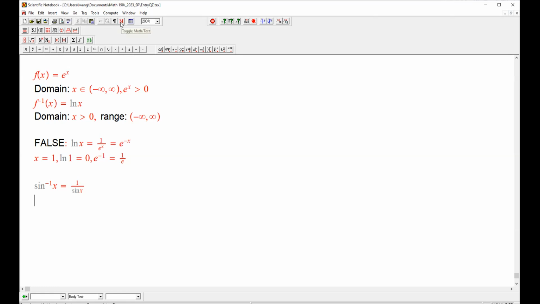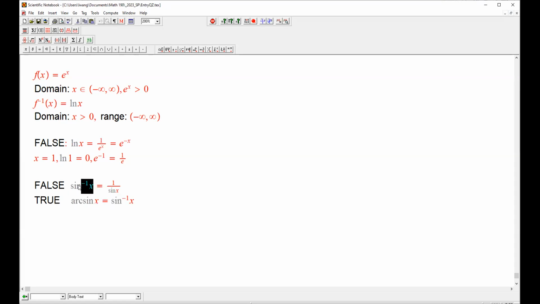Arc sine is the same as this piece. This is false, and this is true. These are just two different notations. This is the classical notation, but these days it's replaced by this notation. So they mean the same thing.